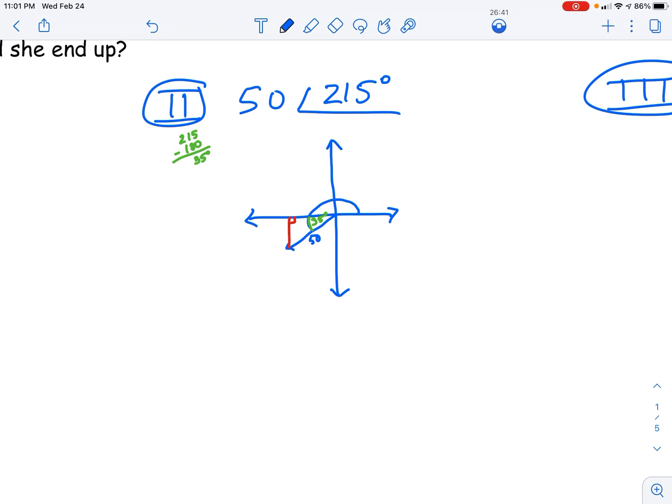Now, if you want to check to make sure that's right, you can add 215 and 35. Oh, no, wait a minute. Is 35 correct?